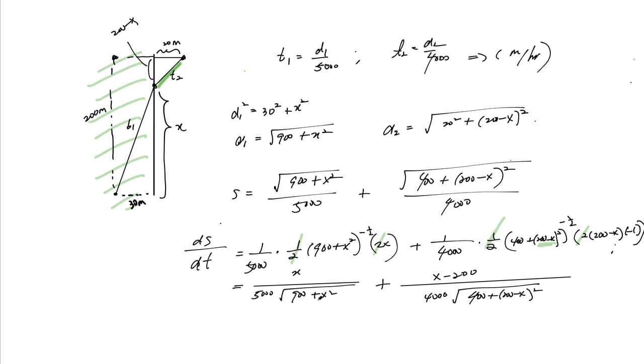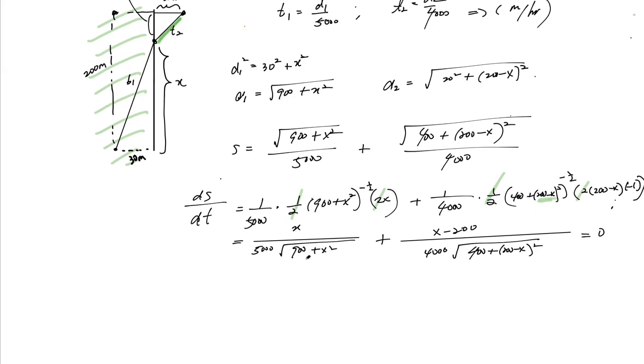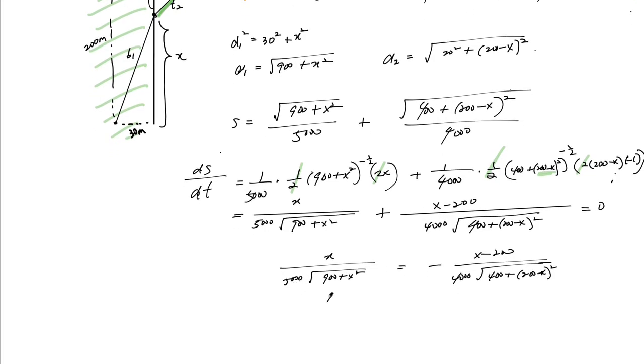Okay, so we want to set that equal to 0. Bring that to the other side, and you can multiply both sides by 1,000 to get x over just 5, and then 4 here.